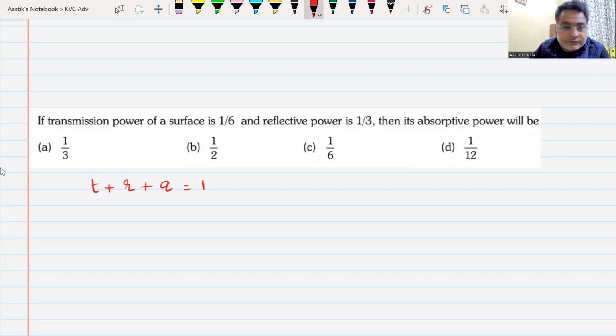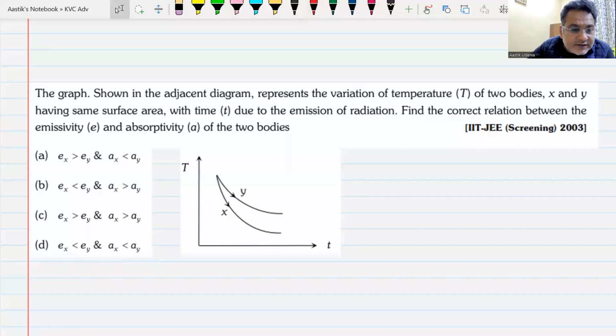This is the next question. The graph shown in the diagram represents the variation of temperature T of two bodies X and Y having the same surface area with time t due to emission of radiation. Find the correct relation between the emissivity E and absorptive power A of the two bodies.